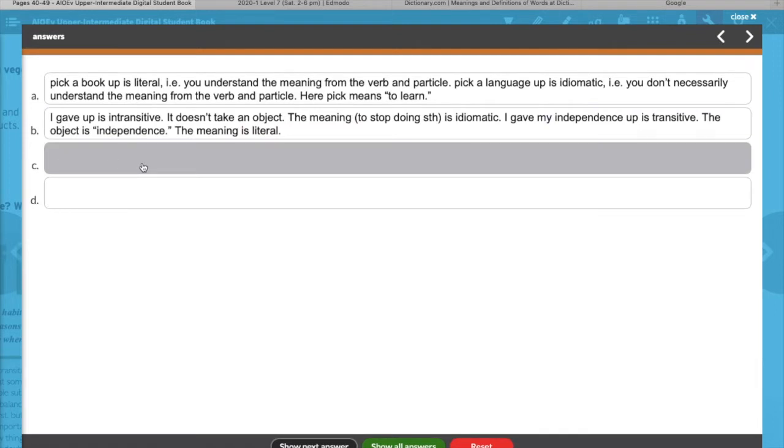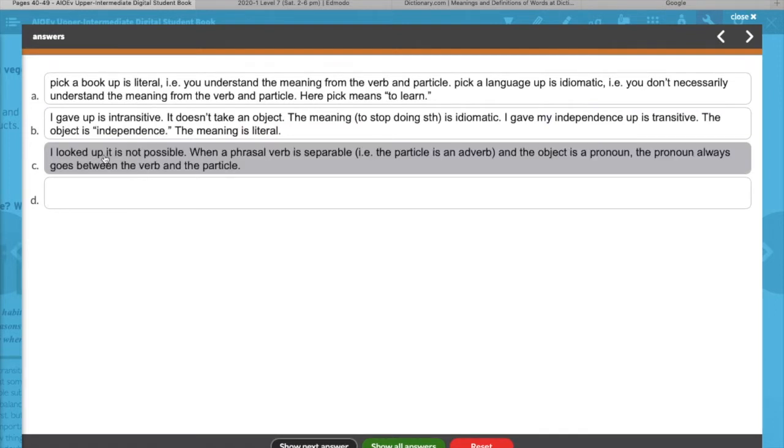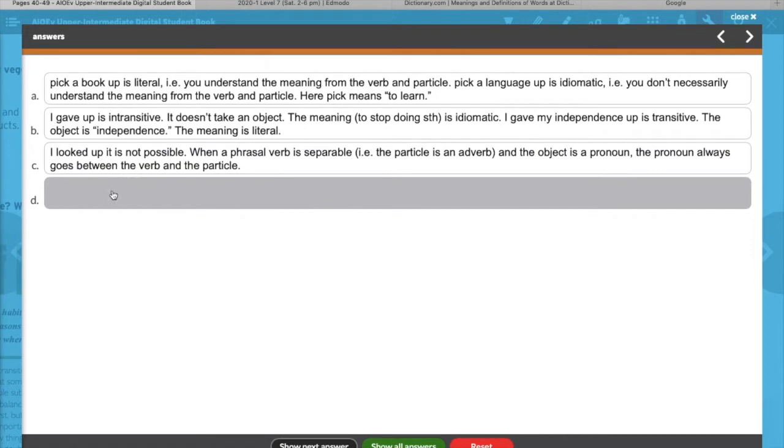Letter C. I looked up it, is not possible. When a phrasal verb is separable, like the particle that is an adverb, and the object is a pronoun, the pronoun always goes between the verb and the particle. Okay, so this one is not possible.